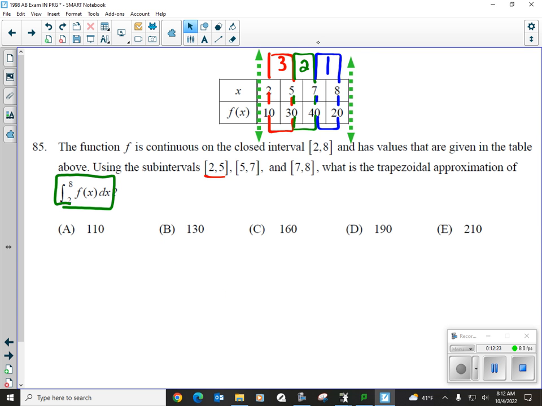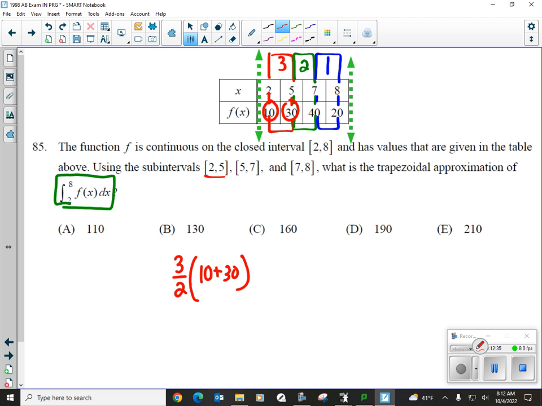So let's look at our first one right now. The width is 3. That goes over 2. I only have my book ends, 10 and 30. There's nothing in between them to double. That will give me the area under this red section. I add that to the area of the green section.